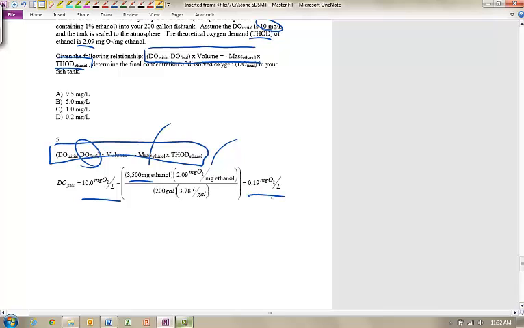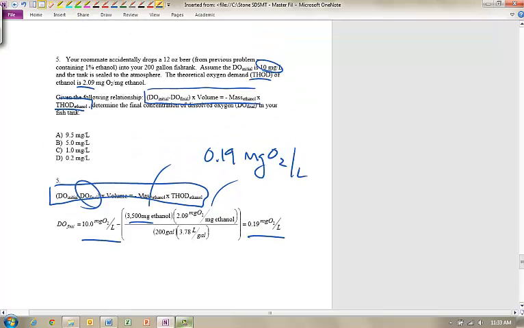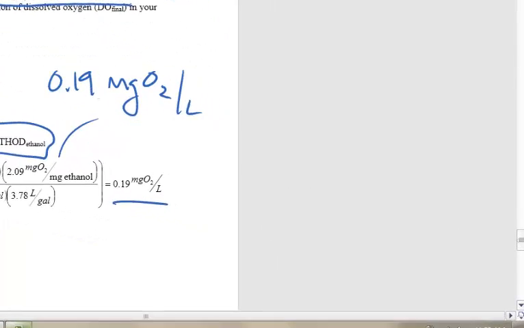And if we did that, we would have 0.19 milligrams of O2 per liter as the final concentration, assuming we're at equilibrium or steady state in this problem. So the fish would most likely not survive this catastrophic event.